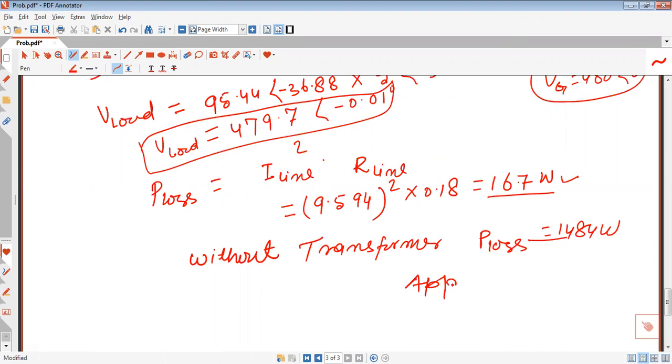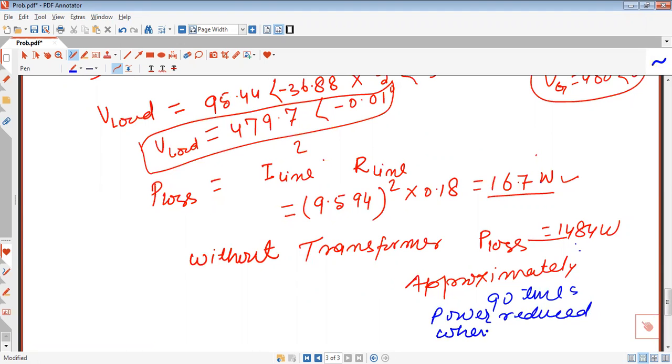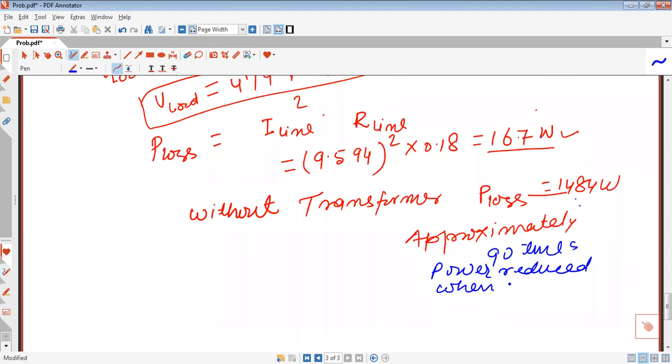Approximately, power loss is reduced by 90 times. This power value is very small, approximately 90 times power is reduced when transmitting at high voltage using a transformer. So this is a very interesting problem.